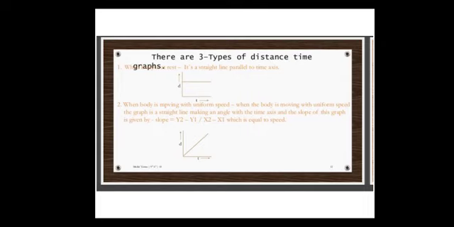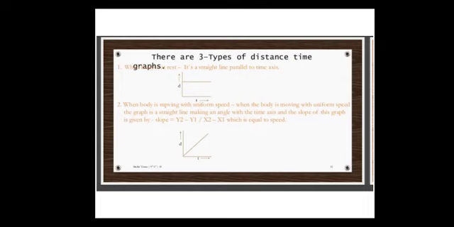It means as time goes on, the object is fixed at one position, it is stationary, it is at rest. If we draw the graph, we get a straight line, but this straight line is parallel to the time axis. So it's a straight line parallel to the time axis. The conclusion of this graph is that whenever an object is at rest, we get a straight line which is parallel to the time axis.